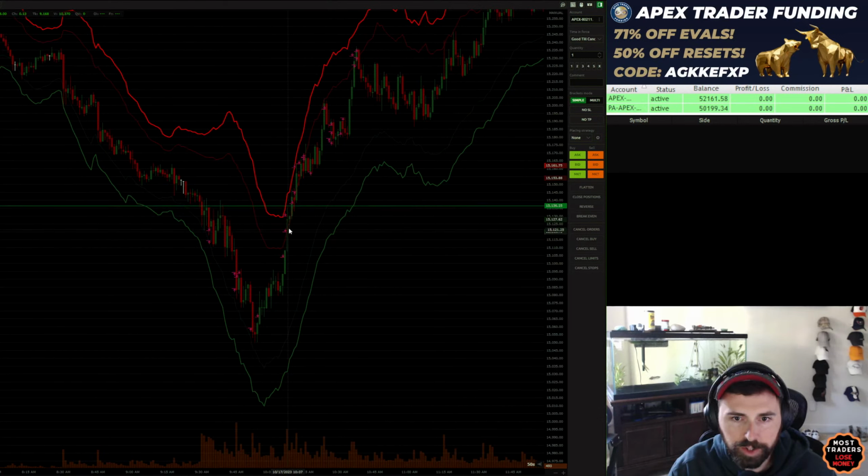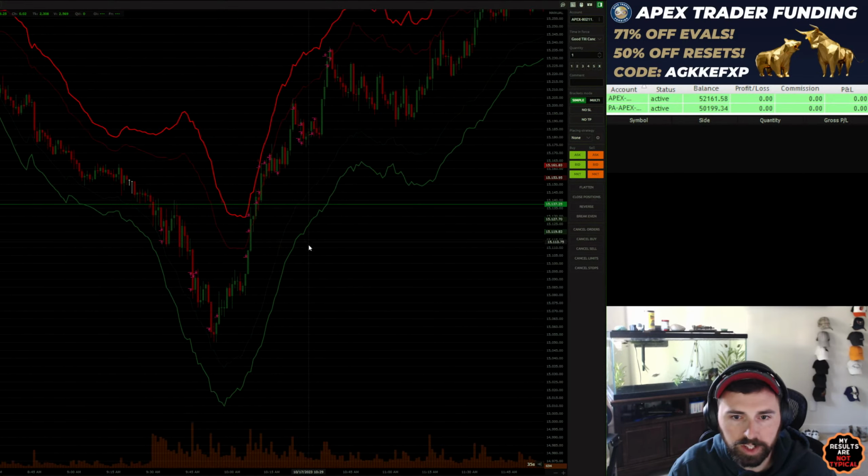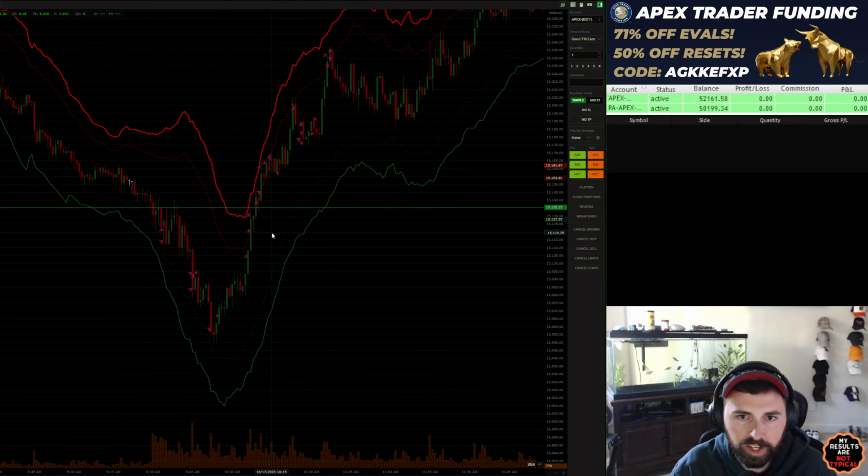So had my first entry been this candle, and then I got to add here, you can see it drew back to here, which is my first entry, would have put me in the green. And anytime I get an add in, I'm always looking to take it off as soon as possible, because when I first get in, I'm looking for it to reject immediately. So I'm not looking to be a hero and scale out after I have to scale in.